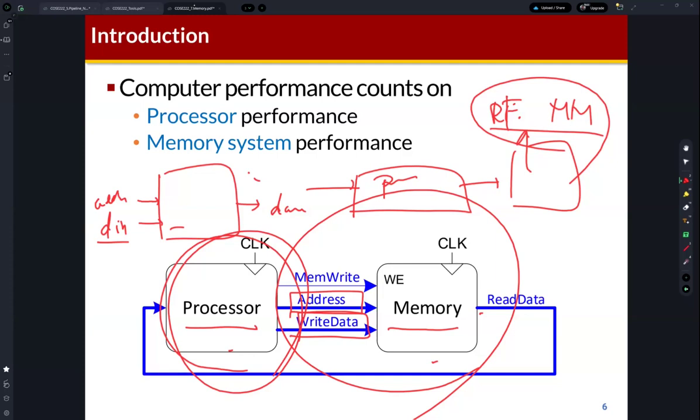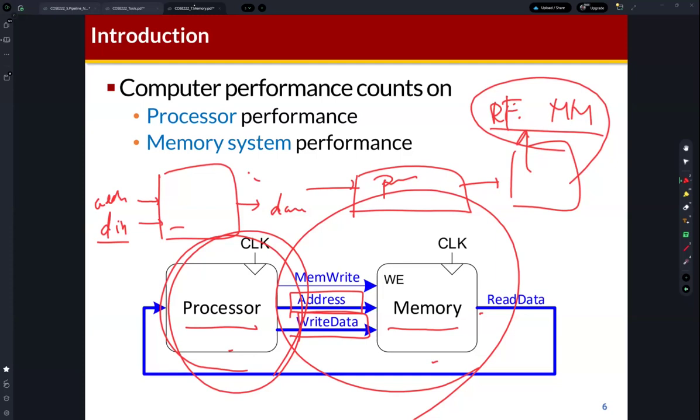So we can read instructions from the instruction memory within one clock, and we also assume that a processor can read data from the data memory within one clock. But actually it's not true.